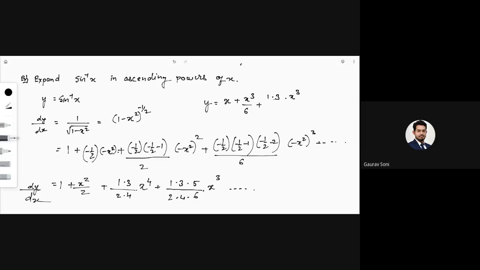So we'll have 3 into x cube upon, totally we will have 40. Or easy to remember, what I can write down here is x raised to 5 upon 2 into 4 into 5 plus dot dot dot.